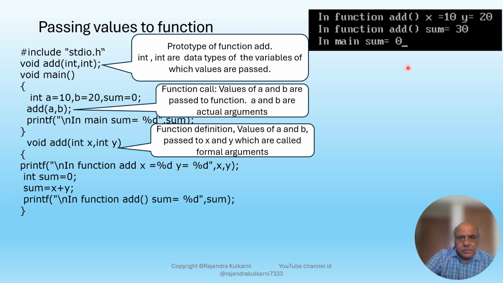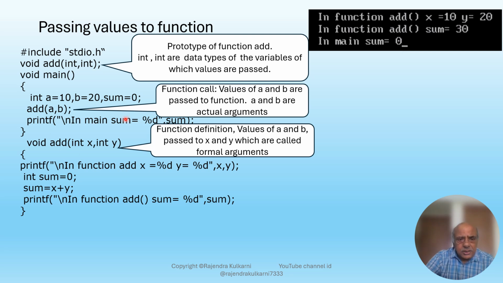the screenshot of the output screen when I ran this program. In function add, x is equal to 10, y is equal to 20. This printf statement gives us this output. In function add, this statement gives us sum is equal to 30, and in main this statement gives sum is equal to 0.